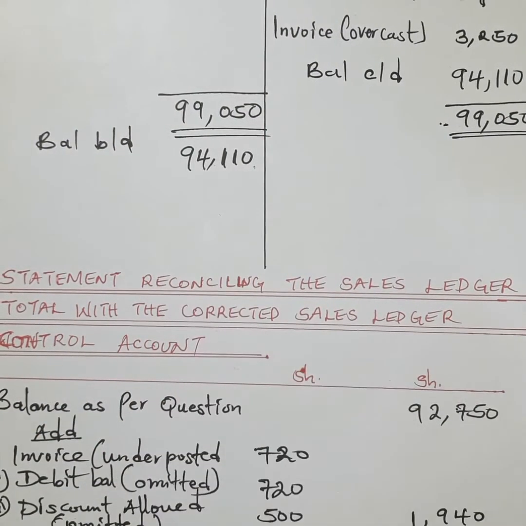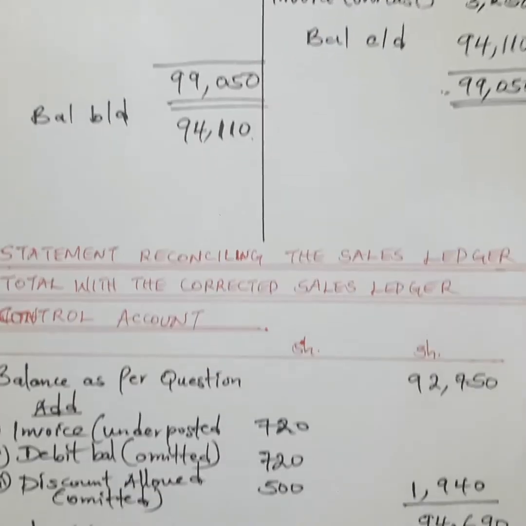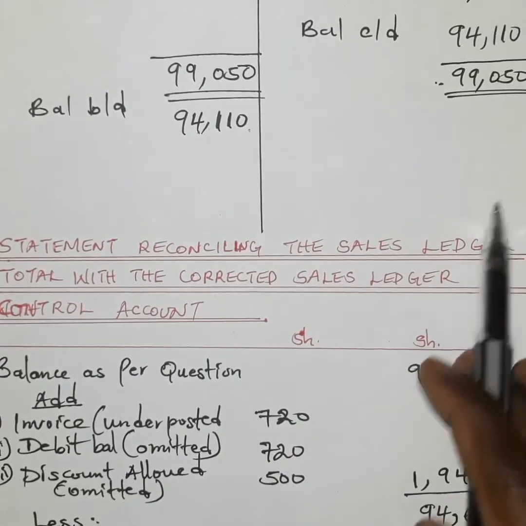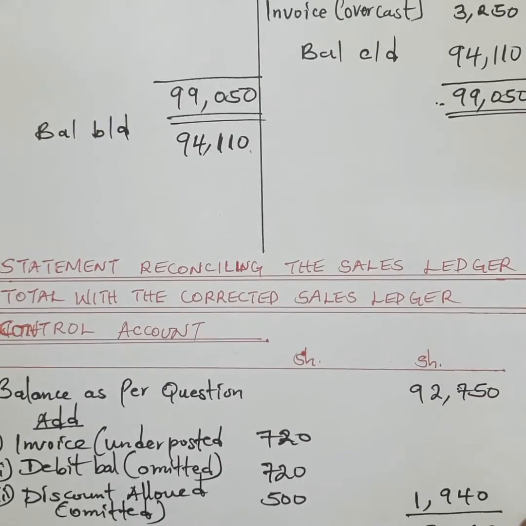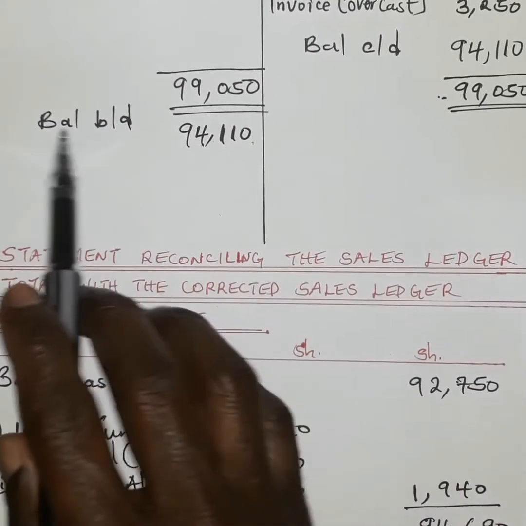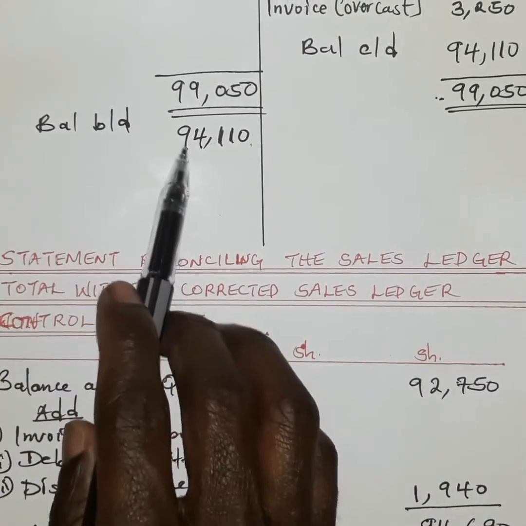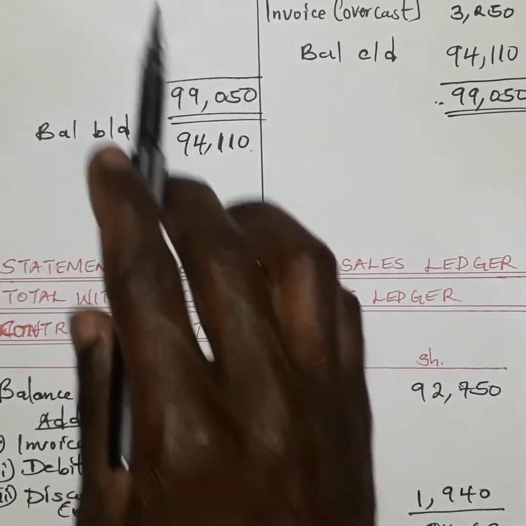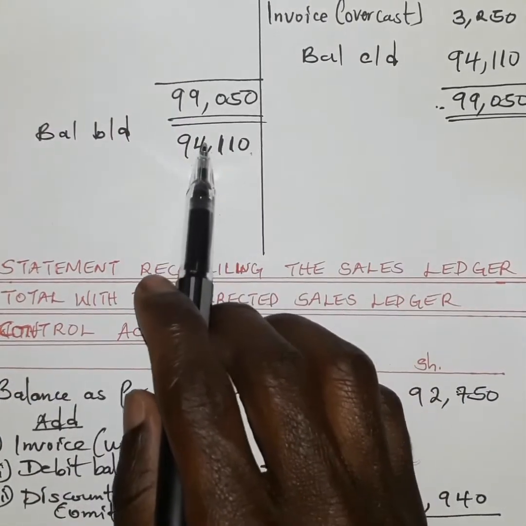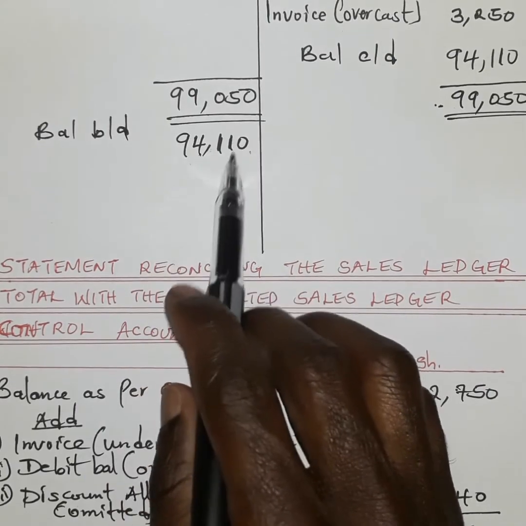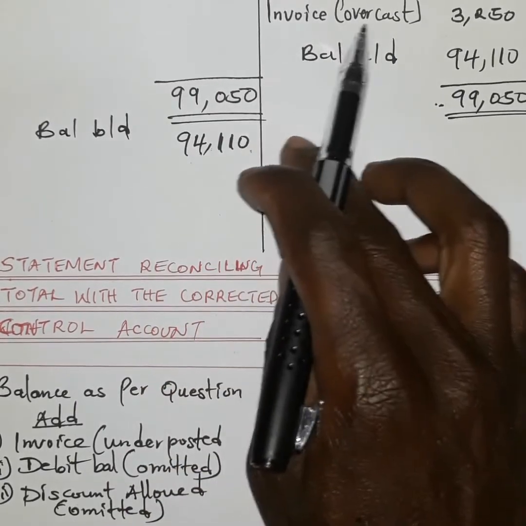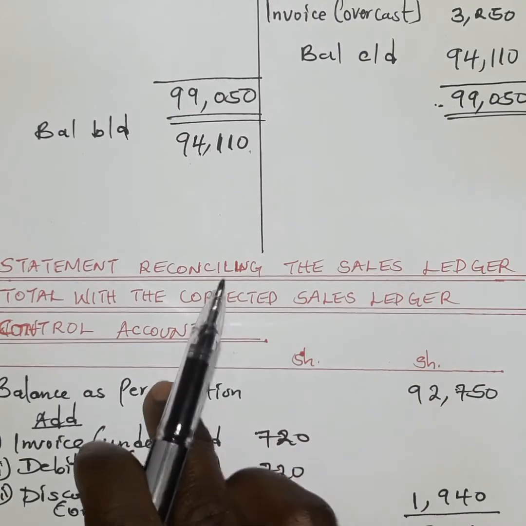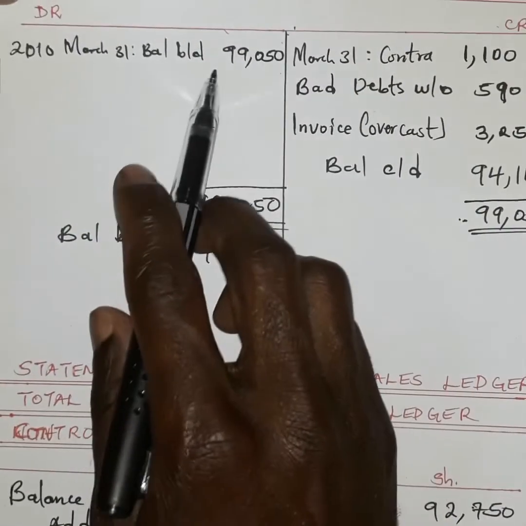So it means that we have accurately entered our entries. Because it is a debit balance, this is the balance which was supposed to have been taken to the sales ledger control account instead of the 99,050.